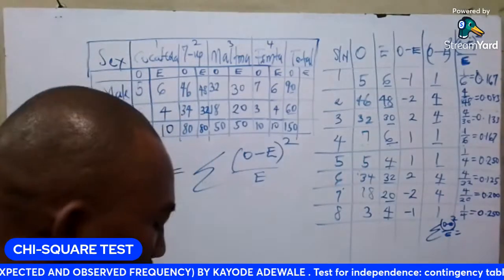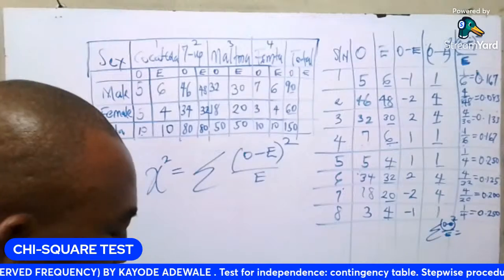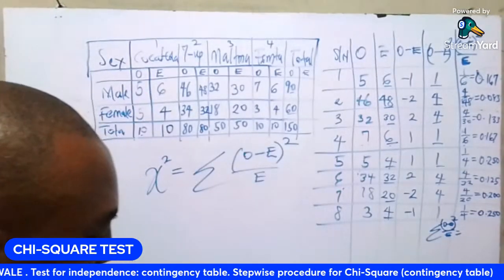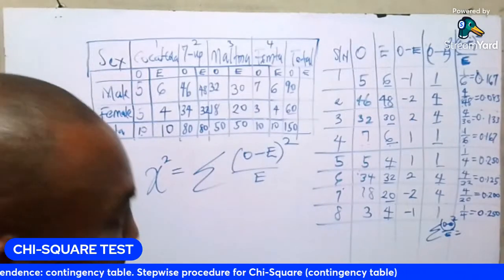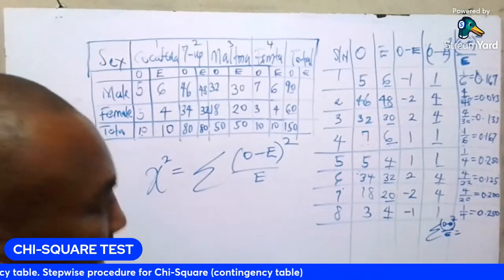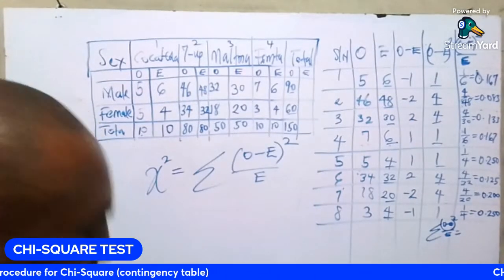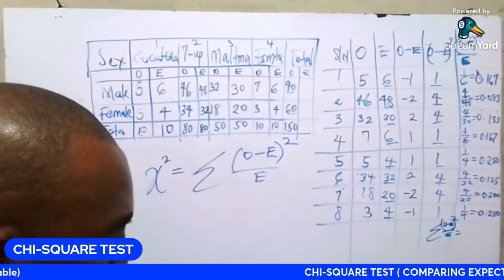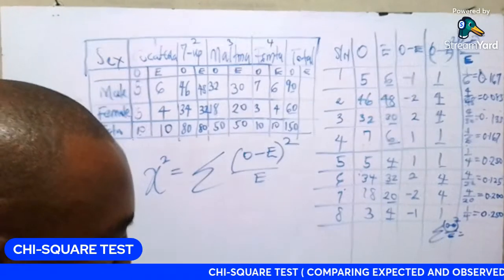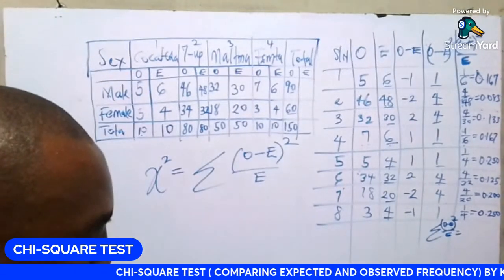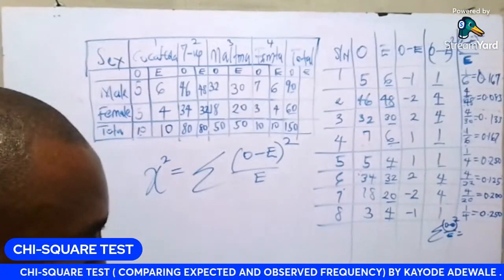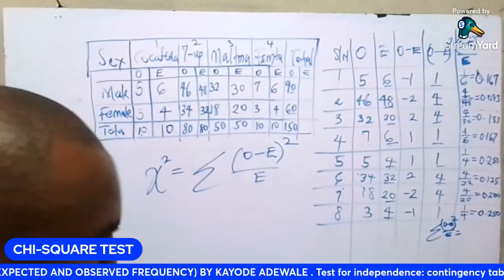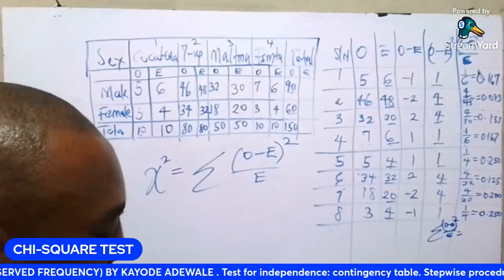That is 0.167 plus 0.083 plus 0.133 plus 0.167 plus 0.250 plus 0.125 plus 0.200 plus 0.250.